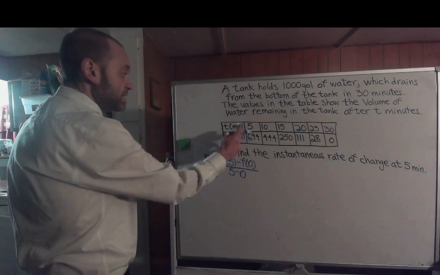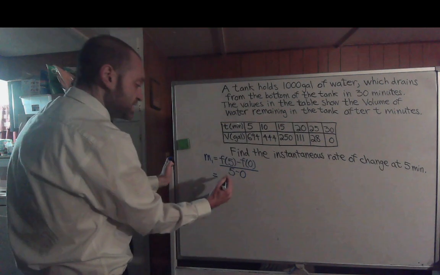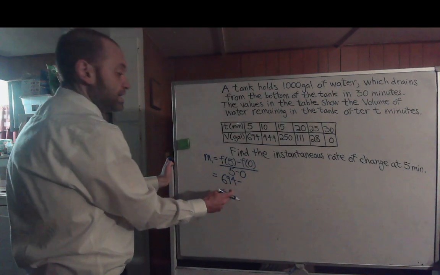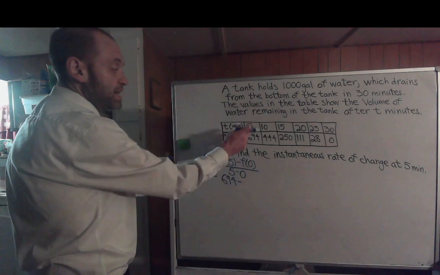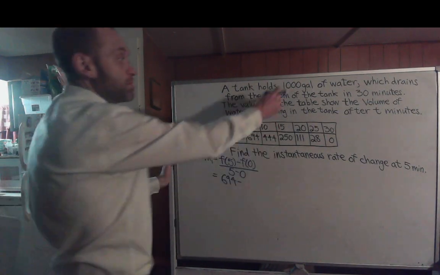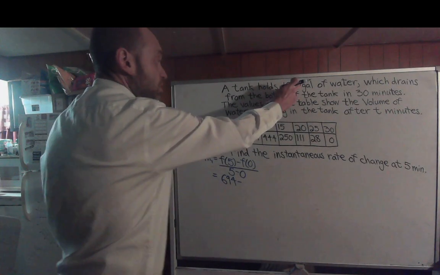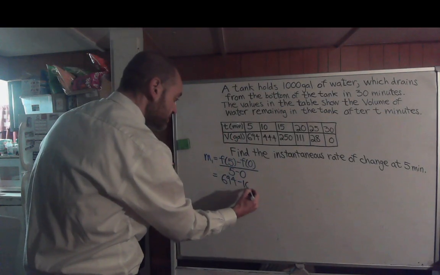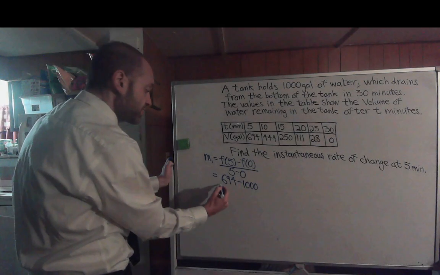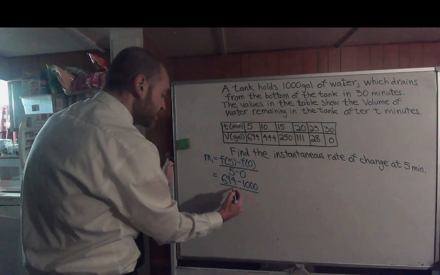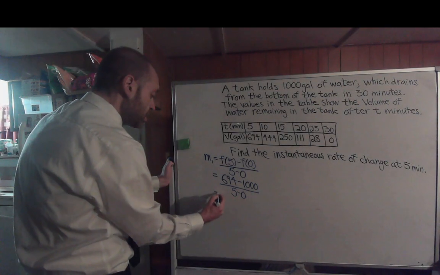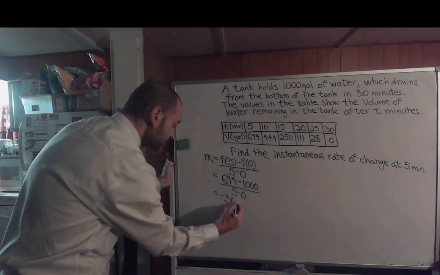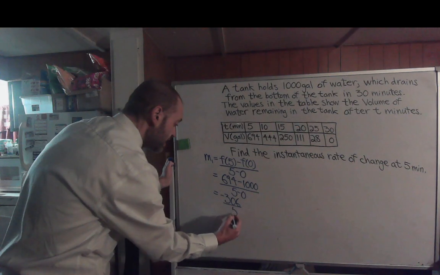At 5 minutes, the volume in the tank is 694, minus f of 0. At time 0, though it's not listed here, the problem tells you that the tank holds 1,000 gallons. So right at 0 minutes, there are 1,000 gallons in the tank. So f of 0 is 1,000. All that divided by 5 minus 0. This should come to negative 306 divided by 5.